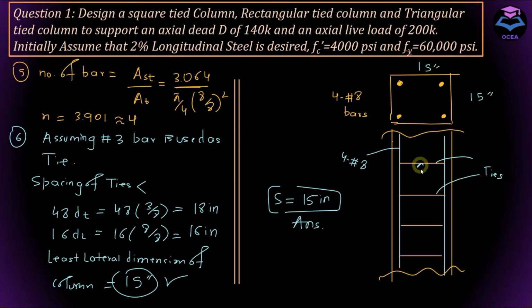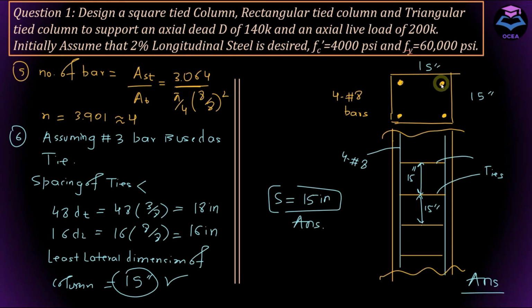And the spacing between the tie is equal to 15 inches. And in the cross section, the transverse reinforcement would wrap around these longitudinal bars, would laterally support these longitudinal bars.